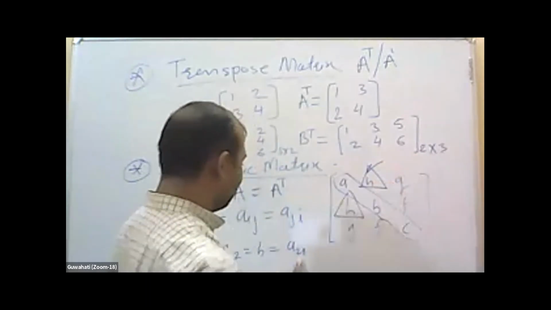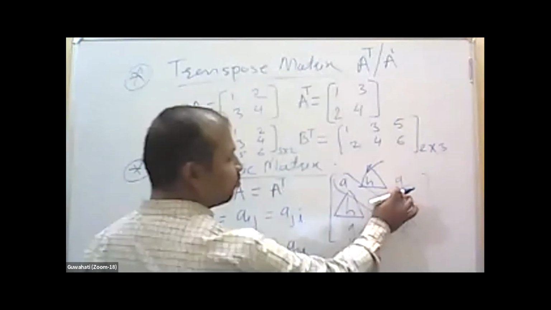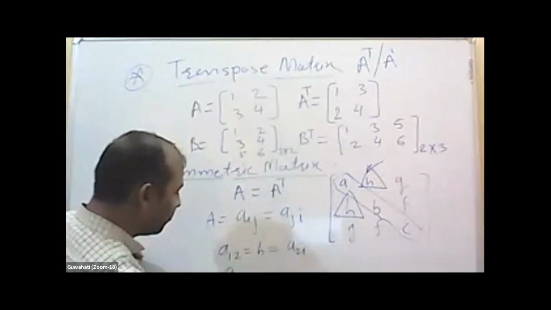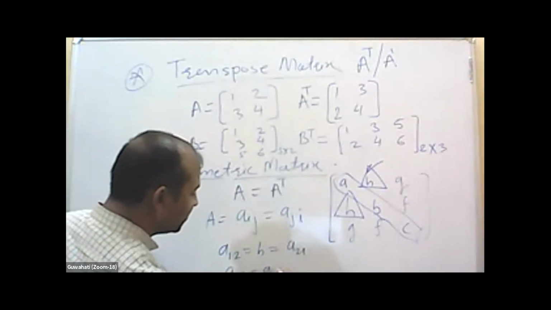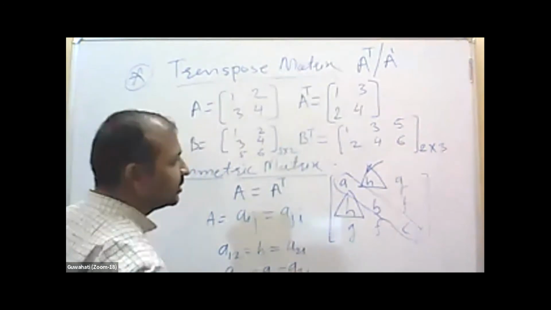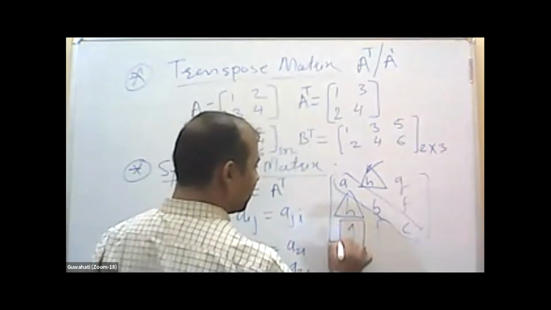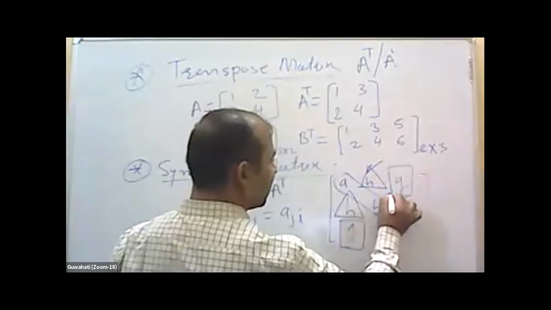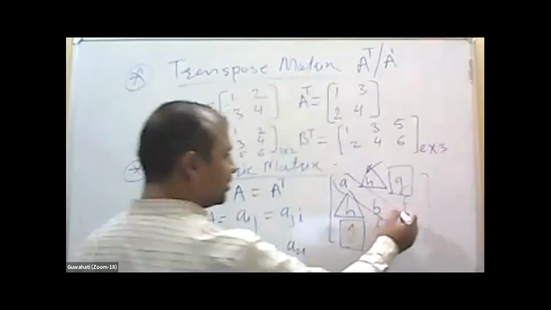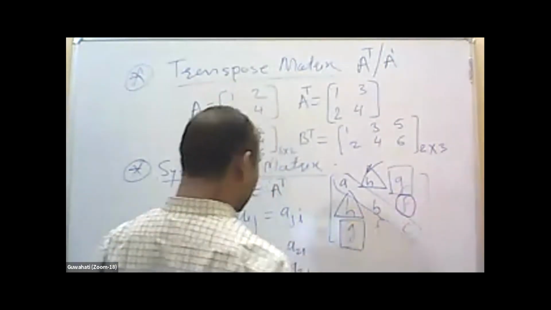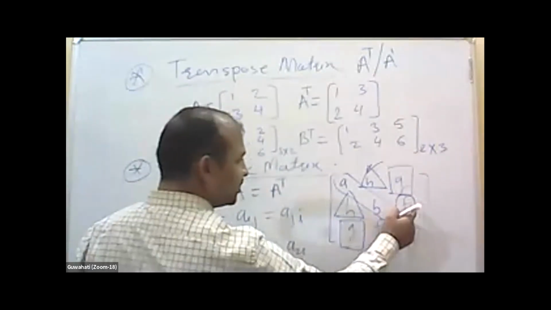This triangle, same. Okay, what is the position of this element? A13 is G, and it should be the same as A31. Is it there? Yes. So I will make it a square. And the remaining one, I will make a circle of this. What is the position of this element? Is it visible or not? Okay, it's visible.